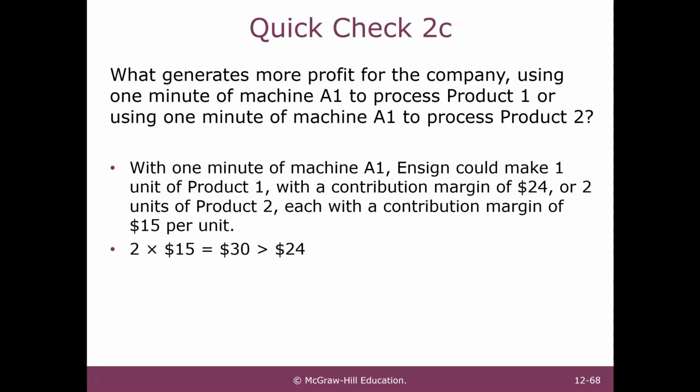So in 1 minute of machine A1, they will earn $24 in contribution margin for product 1, $30 in contribution margin for product 2. They earn more making product 2 because they can make twice as many.